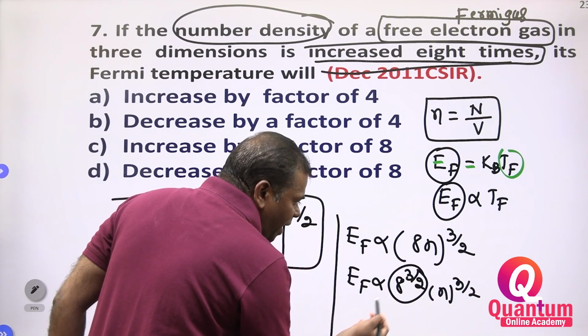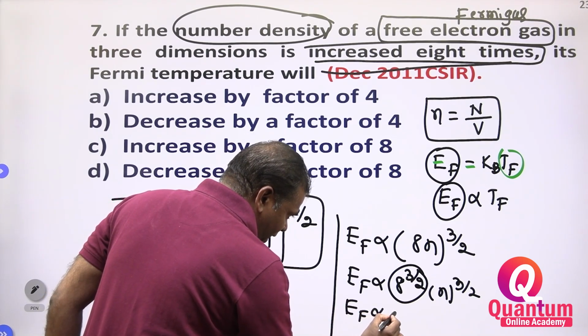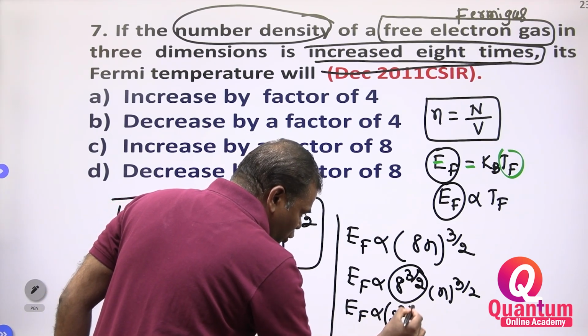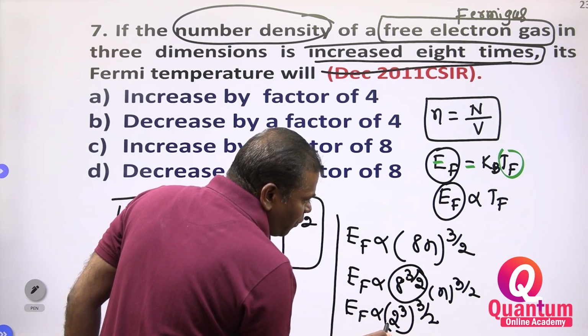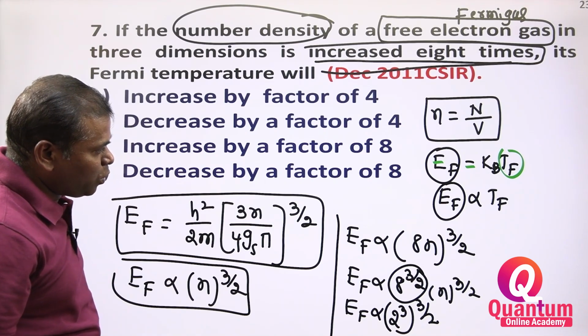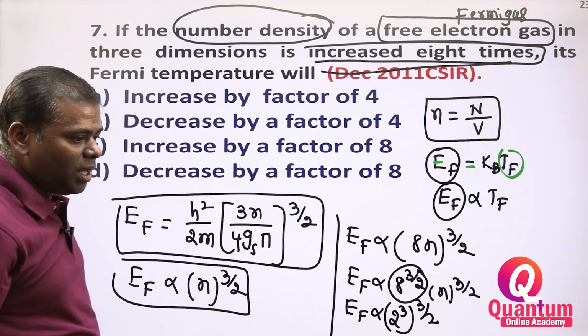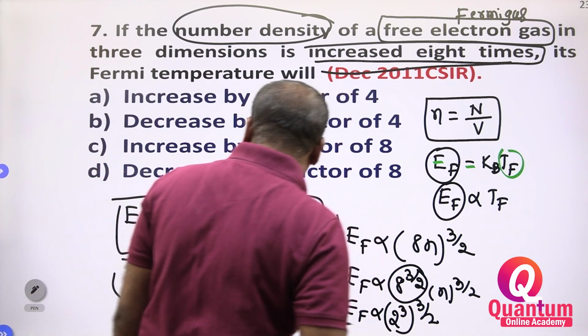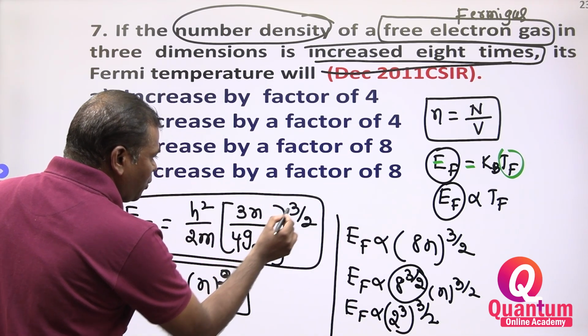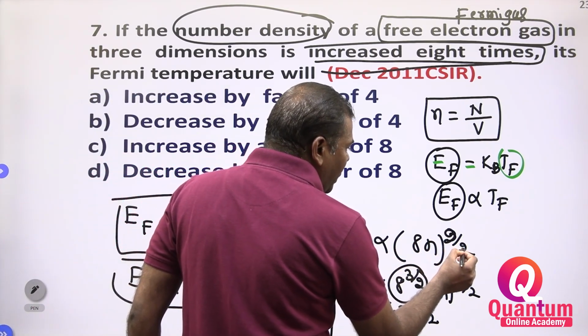8 to the power of 2 by 3: what value do you get? 8 is 2 cube, so 2 cube whole to the power of 2 by 3. This exponent is 2 by 3, not 3 by 2, so please adjust.